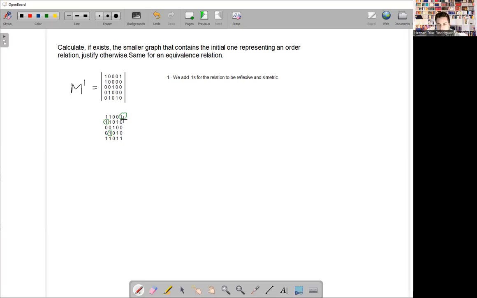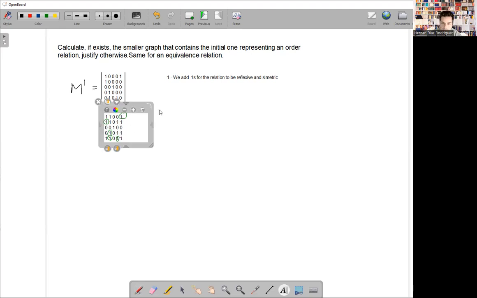Then we have 5, 2. We need to put a 1 in 2, 5. We put a 1 here. And finally, we have 5, 4. So we need to put a 1 in 4, 5.